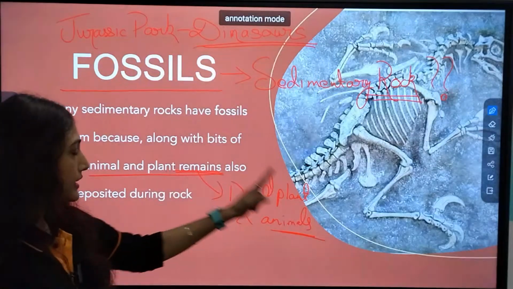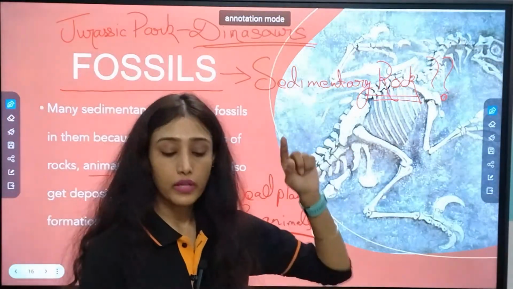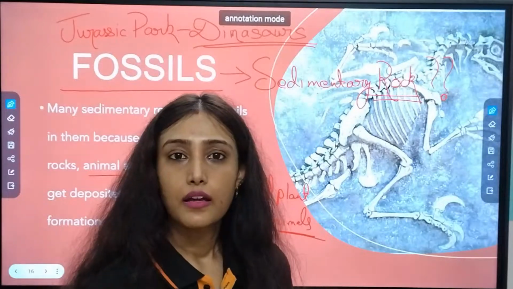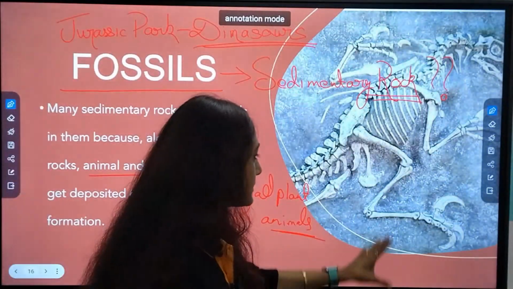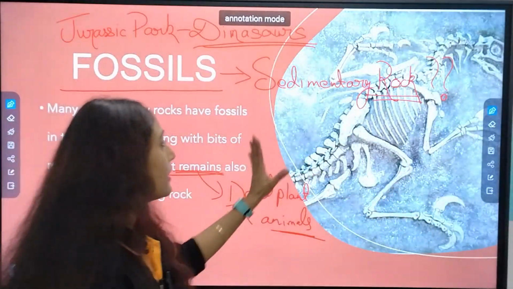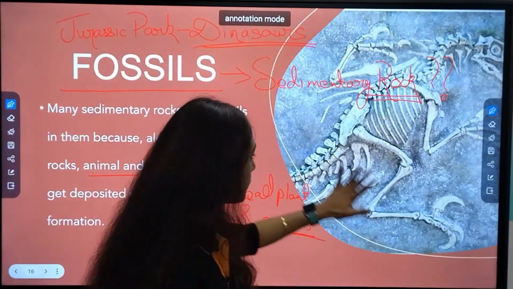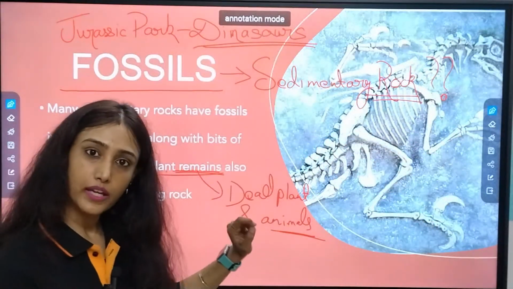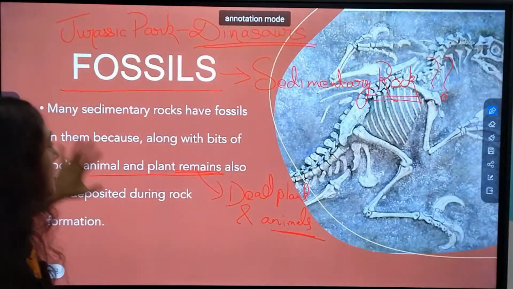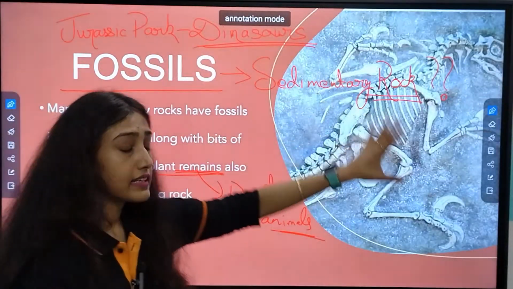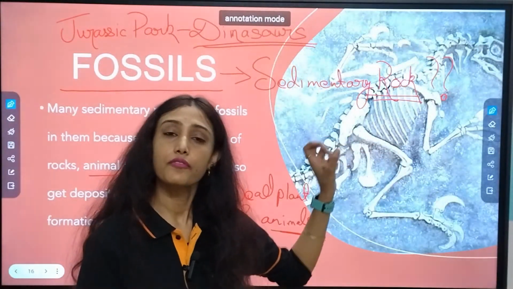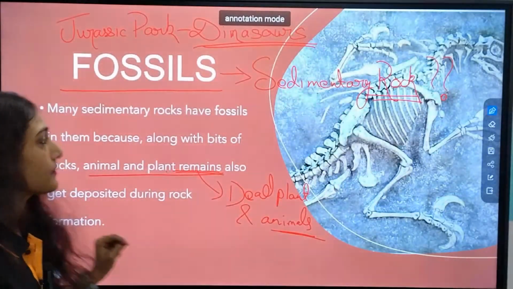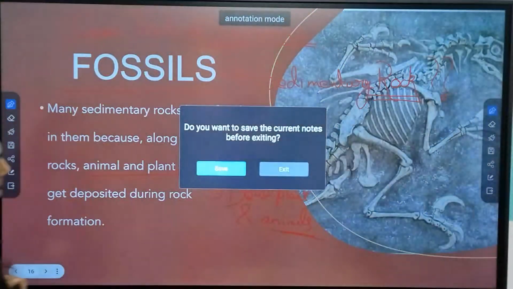What does remains mean here? Dead plants and animals. The plants do not have bones, so only the impression remains. But in the case of an animal that contains bones, the bone structure remains intact. Okay, the sedimentary rock acts as a preserver of fossils. Clear? I hope you have.